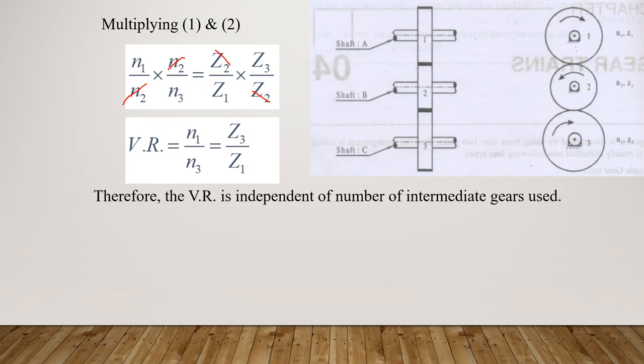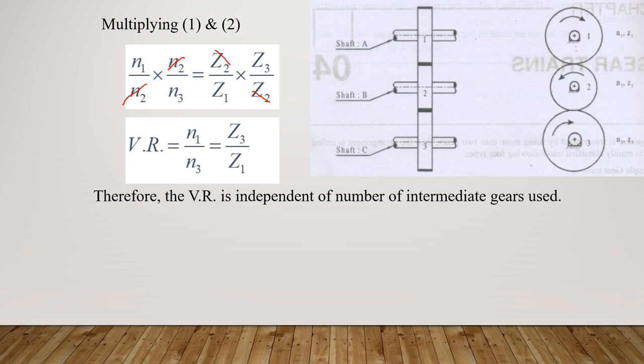If you see the expression here, we have n1 which is related to gear 1, n3 related to gear 3, and z3 related to gear 3 and z1 related to gear 1. There is no expression related to the second gear, gear 2. So this indicates that the velocity ratio is independent of the intermediate gears, which we also call idler gears. There can be any number of idler gears, but when you calculate the velocity ratio, it depends only on the first gear, the driver, and the last gear, the driven gear.